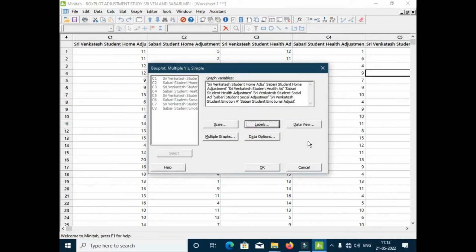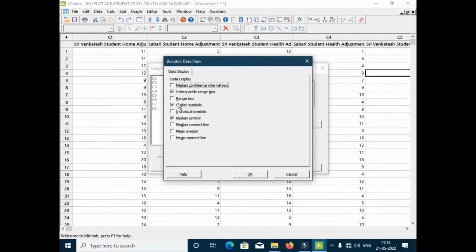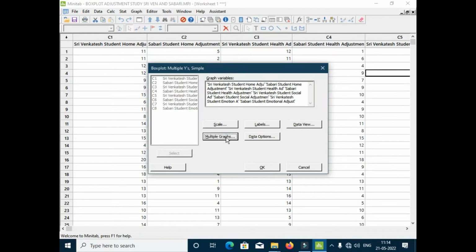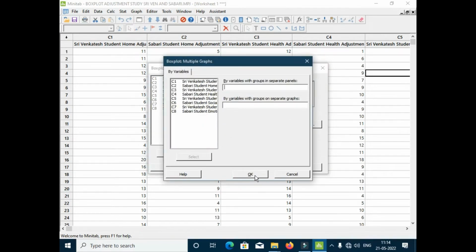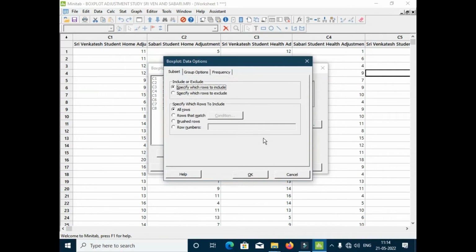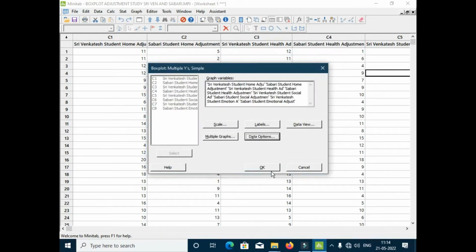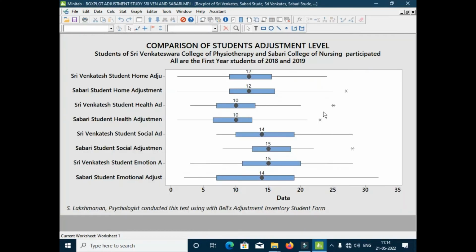In the options, you see the interquartile range box, and the outlier symbols use asterisk symbols, and the median symbols. Multiple graphs are not needed, all the graphs are contained in a single graph. Then you can compare with the other college students.